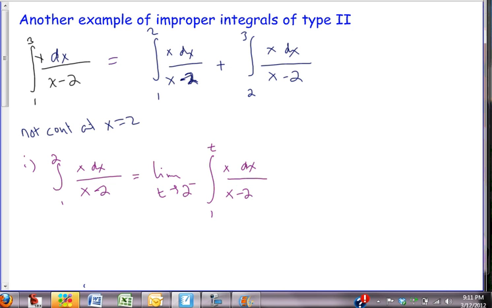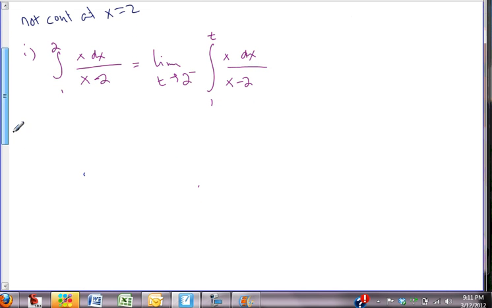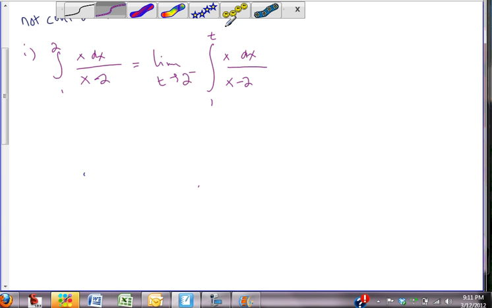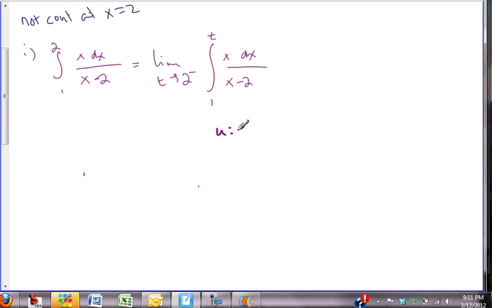So now we got the issue of evaluating that integral. So we could do it with fancy u substitution, u equal x minus 2, right? Just something to sort of point out. u equal x minus 2. That's going to be x is equal to u plus 2, and dx is equal to du.